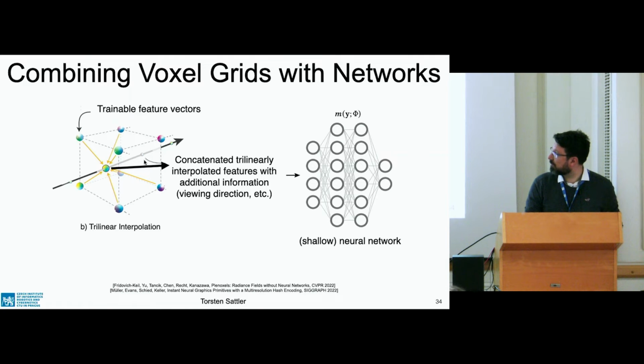Since the input depends on the features, you actually update the features that are stored at the corners of the voxels. Just think of this as some vector in a high-dimensional space, and as part of the training process, you learn this neural network, and you learn to structure the space in a manner that makes sense to the network.